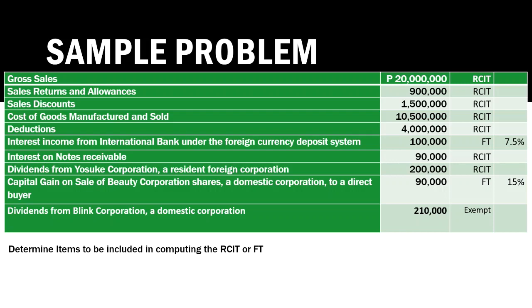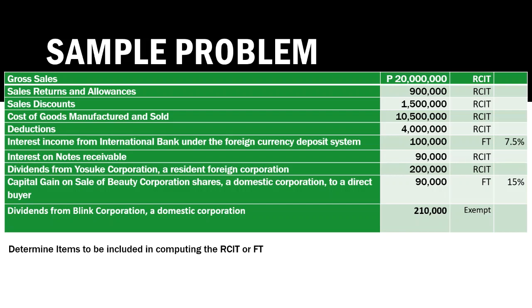And it has interest income from international bank under the FCDU or FCD system, and the interest on notes receivable, dividends from Yosuke Corporation, a resident foreign corporation, a capital gain on sale of Beauty Corporation shares, a domestic corporation to a direct buyer.